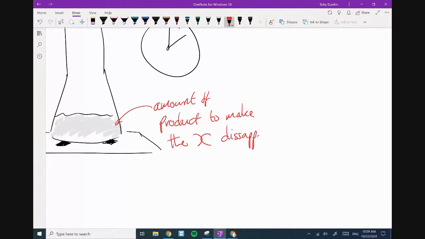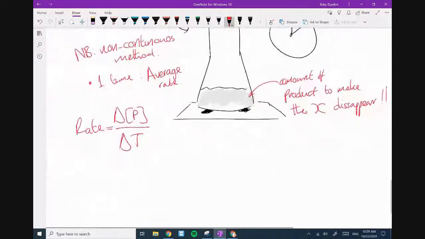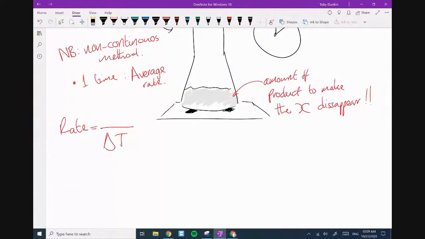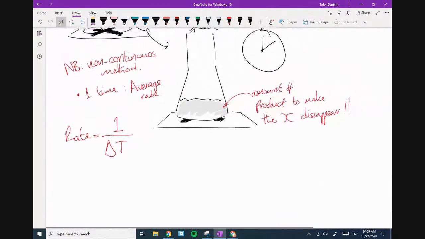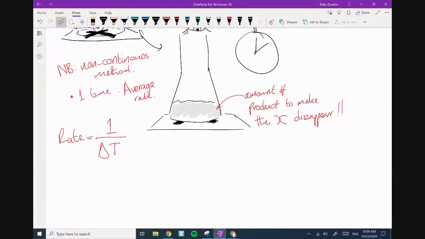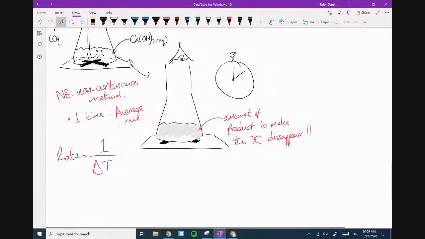The great thing is we don't actually have a number for this, so we can just call it 1. That is a very odd thing. Edexcel love this. The rate becomes 1 over t because it's a fixed amount of product. It's rather unusual, and it can occur in color change experiments as well.